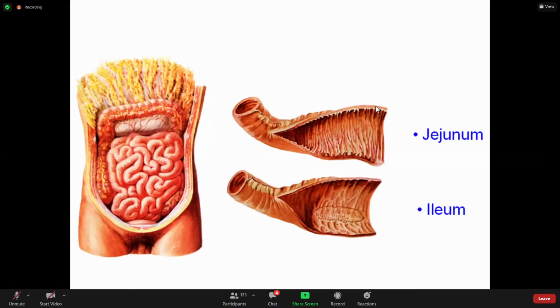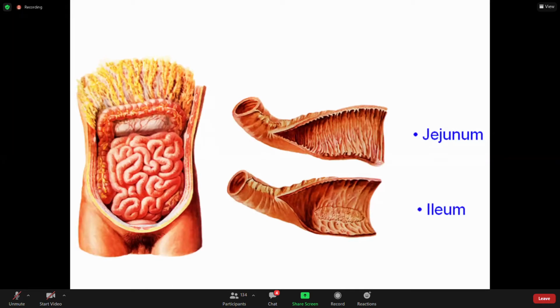If we look at the wall, the wall of the duodenum is thick as compared to the ileum. Comparatively, the thickness of the duodenal wall is more, and it is more vascular in nature as compared to the ileum. So this is the first difference, within the wall itself: the wall of the duodenum is thicker than the wall of your ileum.